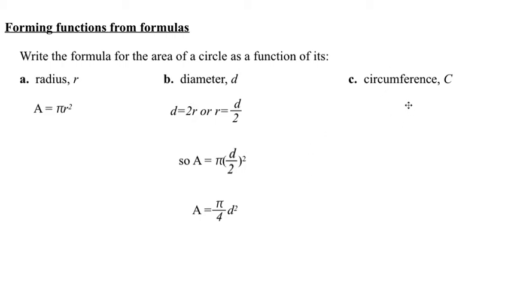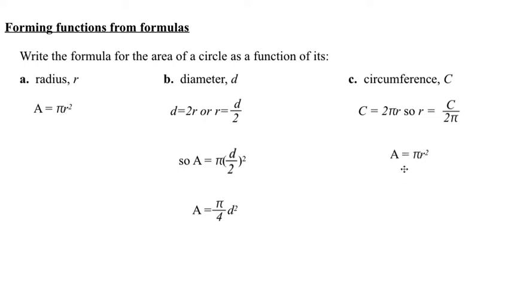The circumference, then, we know circumference is 2 pi r. So if we want to write a formula for the area as a function of circumference, let's go ahead and solve this circumference formula for r. When we do that, we get the circumference divided by 2 pi is equal to the radius. Then again, we substitute that back into the area formula for r.